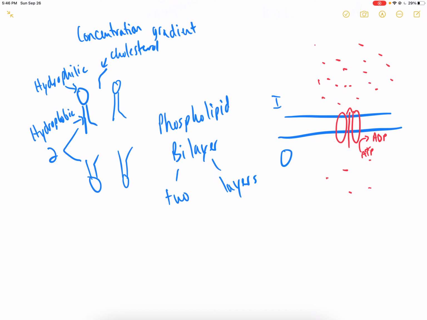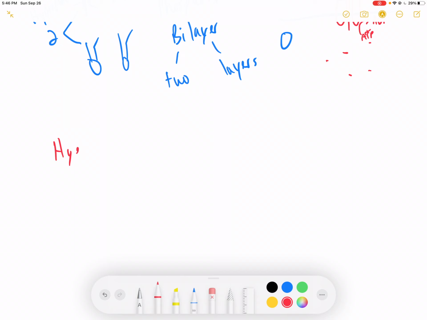If you see that it can't passively go, then the water has to want to move. So that'll be bringing us to our last point. We have hypertonic, so these are dealing with solutions.